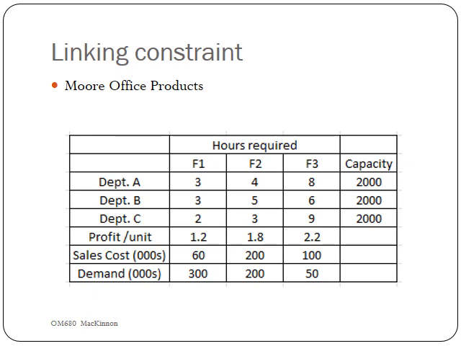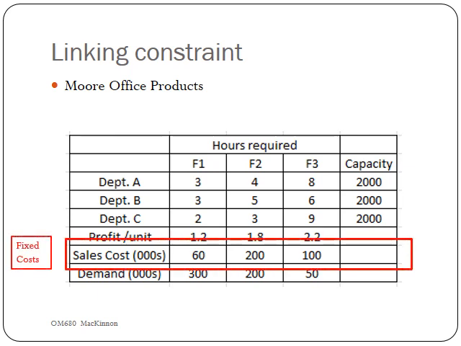So let's take a look at more office products. We have three departments, and they make product lines F1, 2, and 3, and there are a certain number of hours required for these products. The capacities are 2,000 for each of the departments. Profits per unit are listed there, and we have sales costs in the thousands and demand in the thousands.